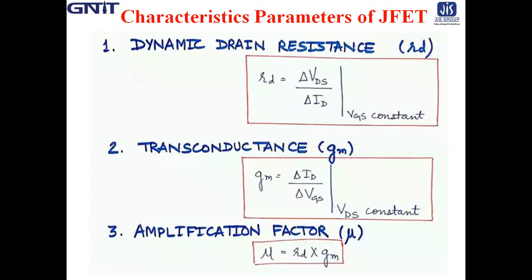Please note that a negative sign comes here, and this negative sign shows that when VGS increases, VDS must decrease to maintain ID constant. So the amplification factor is basically the multiplication of drain resistance with the transconductance. Clear? So this is all about junction field effect transistor.